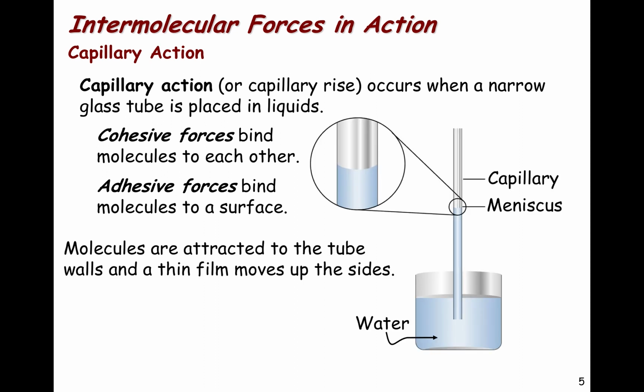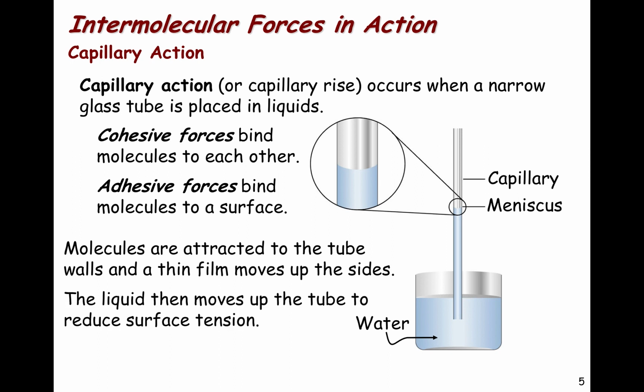This creates the so-called meniscus, which, as you see here, causes the curved shape at the interface between the liquid and the air within the capillary tube. This is a very important force when it comes to plants and their ability to suck water up the stem, and also very important in terms of how soil interacts with water. This has all kinds of important ramifications for agriculture.